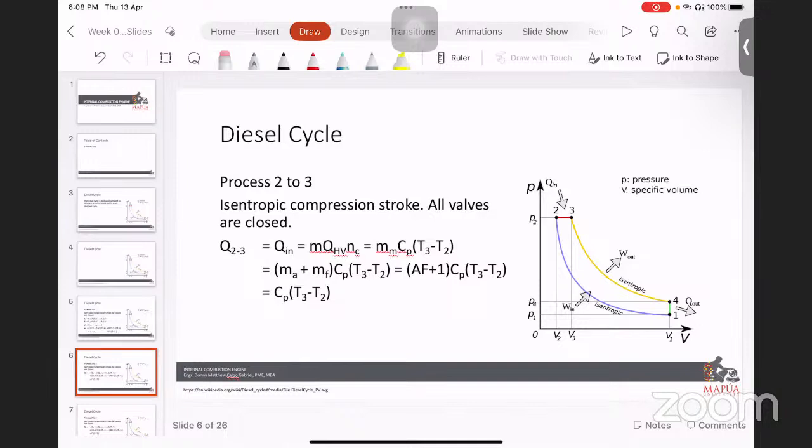Tapos dito sa process 2 to 3, ang ginagamit lang natin yung specific heat at constant pressure. Since yung mass natin is yung mass ng air tsaka yung mass ng fuel, so pwede natin gamitin yung air-fuel ratio plus 1. So yun lang yung ibig sabihin nito. Pero pwede mo rin sabihin na kapag wala kang m, pwede mo rin gamitin ito. Pero yung unit mo magiging kilojoule per kilogram, kasi walang m.